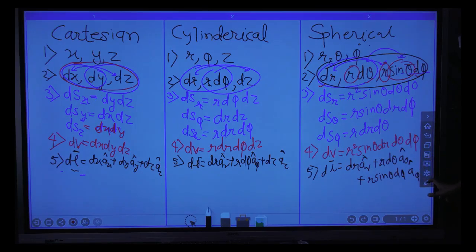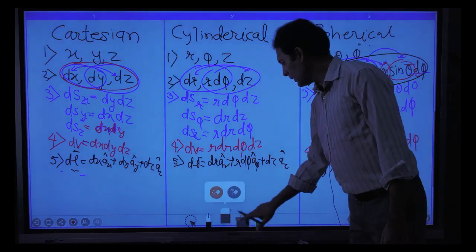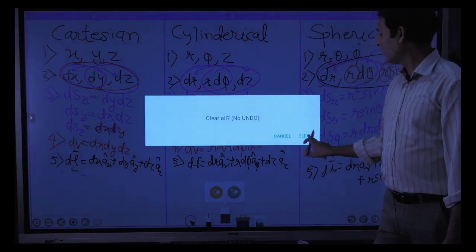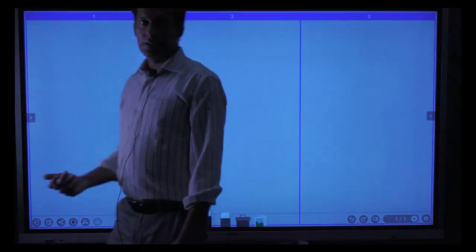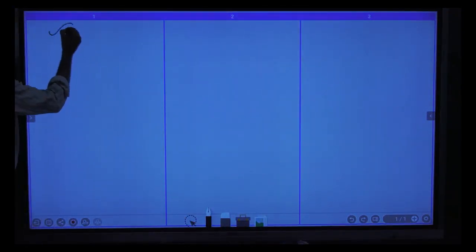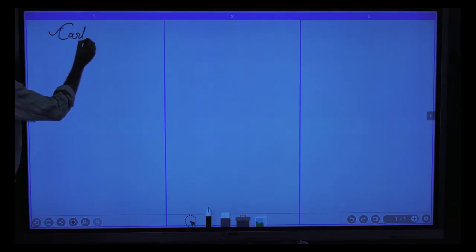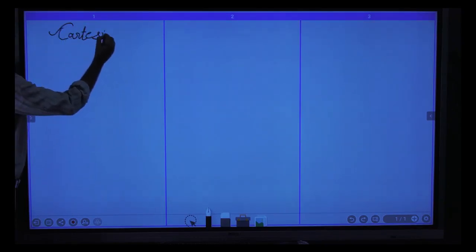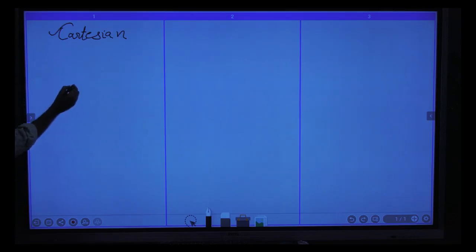Now we will compare the limits, because limits are also required for examples. So we will compare the limits for these three: Cartesian, cylindrical and spherical. First, Cartesian, we have three components x, y and z.